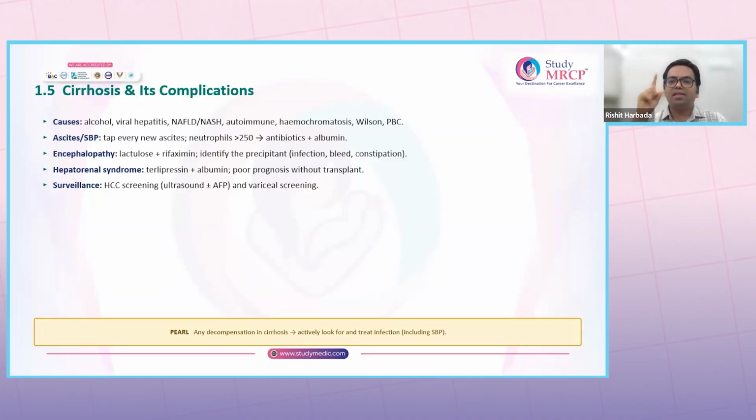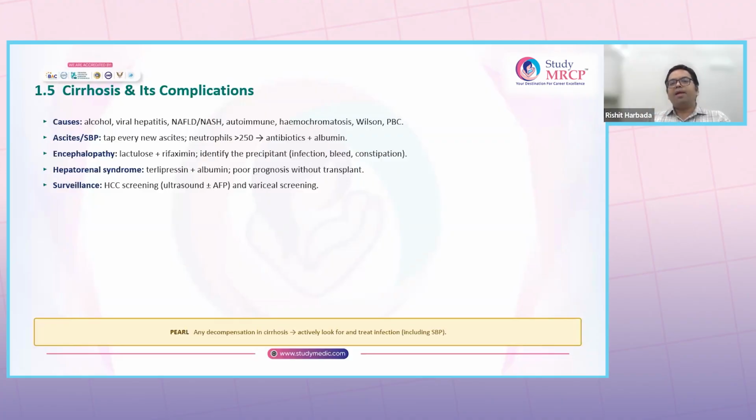So it is called SAAG, where you subtract the ascitic albumin from the serum albumin. If the SAAG is more than 1.1, it is suggestive of portal hypertension seen in cirrhosis, heart failure or Budd-Chiari syndrome. And if the SAAG is less than 1.1, it is because of malignancy, pancreatitis, tuberculosis.